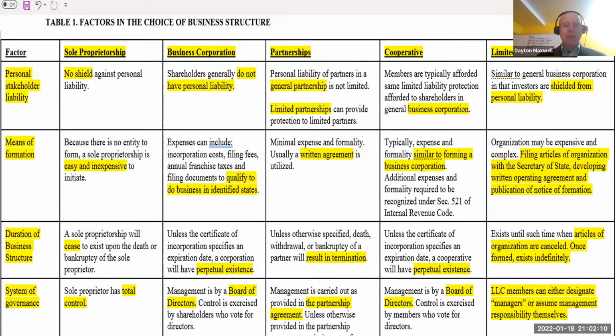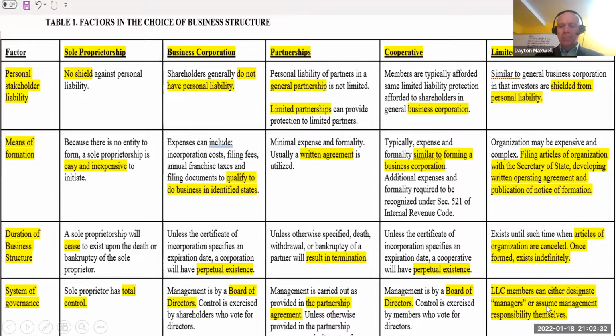Again, sole proprietorship cannot continue. Partnerships terminate if a member leaves or passes away. So corporation and LLC allow perpetual existence. And just governance, member owned, member controlled.